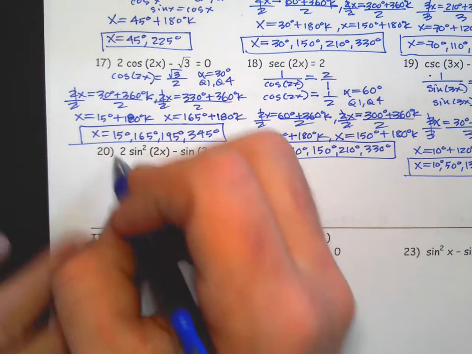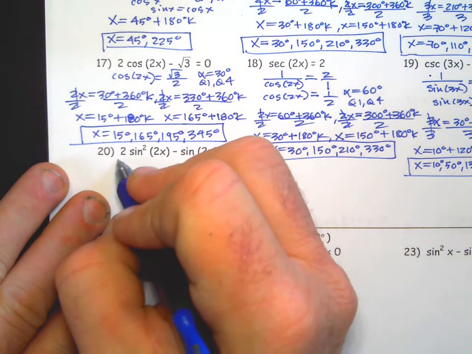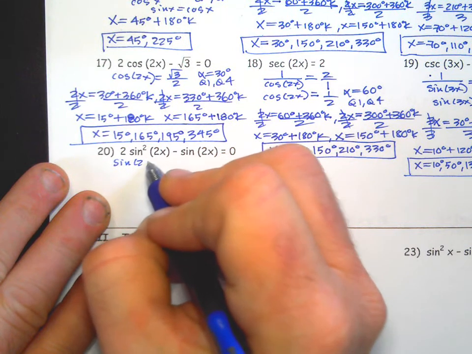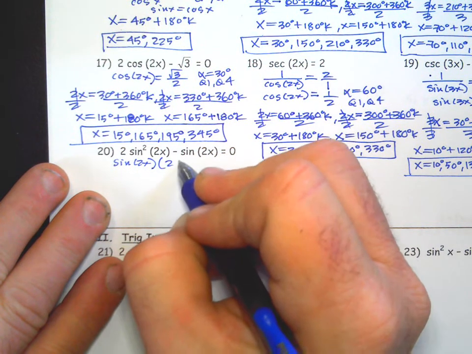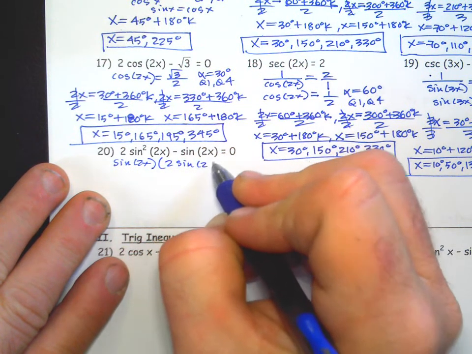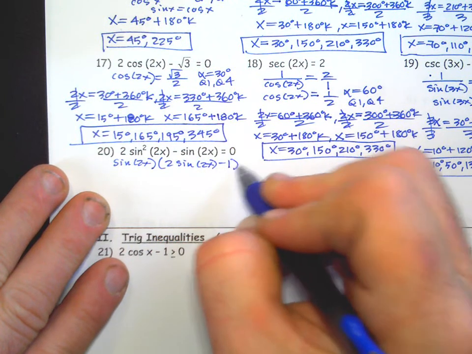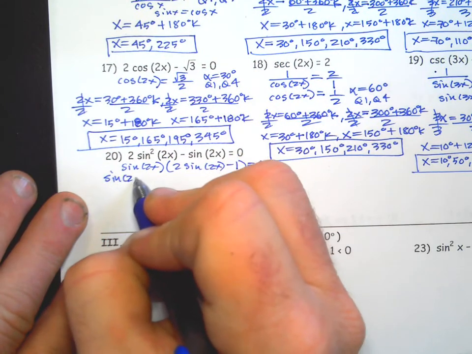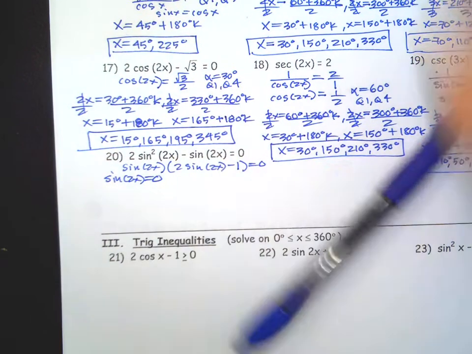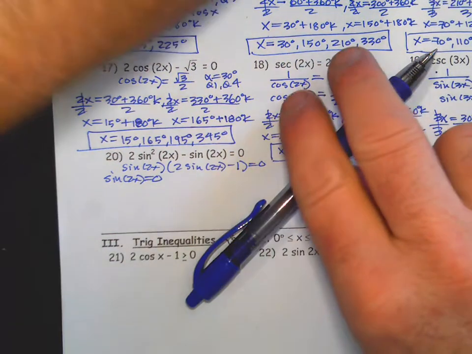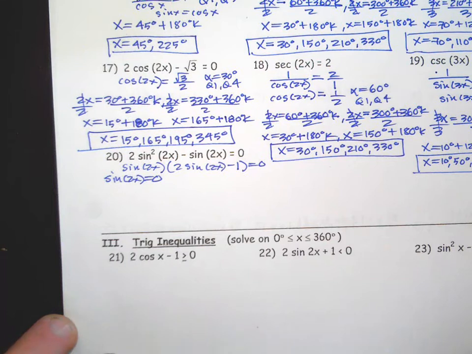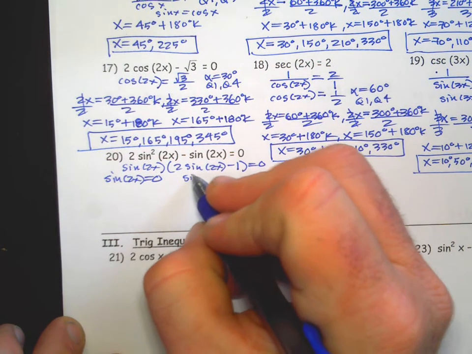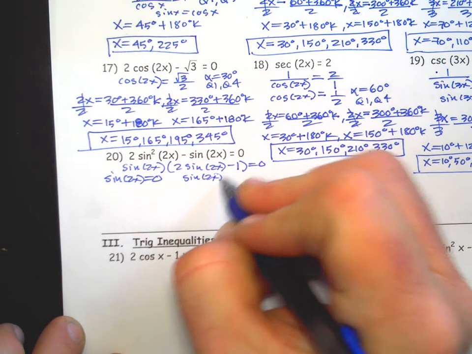Okay, this is where factoring comes in. We're going to take a sine 2x out, and there's going to be a 2 sine 2x minus 1 equals 0. So zero product property, sine 2x equals 0. Okay, zero product property, sine 2x equals 1/2.